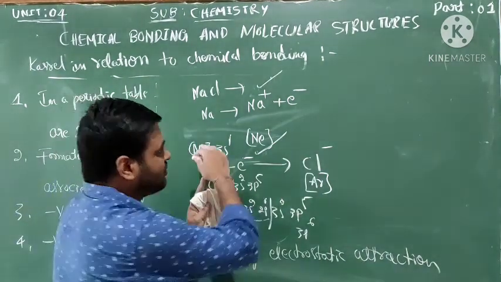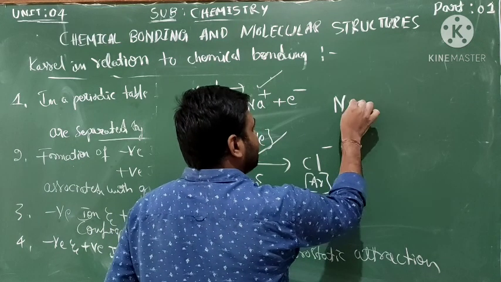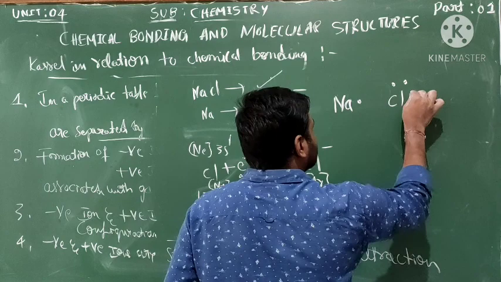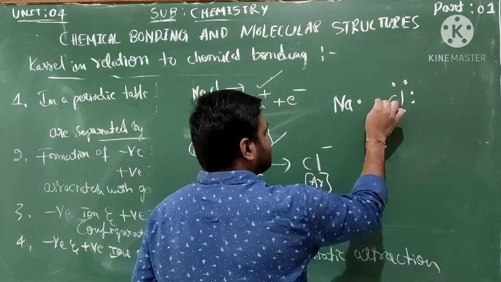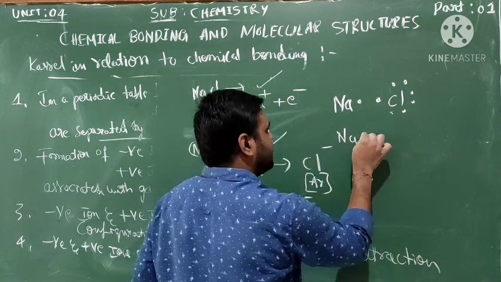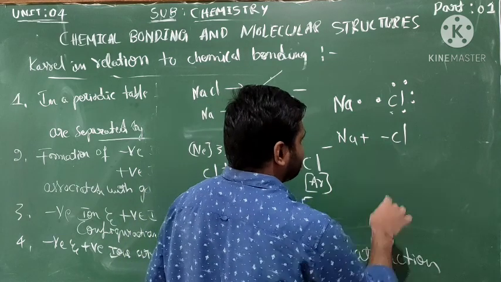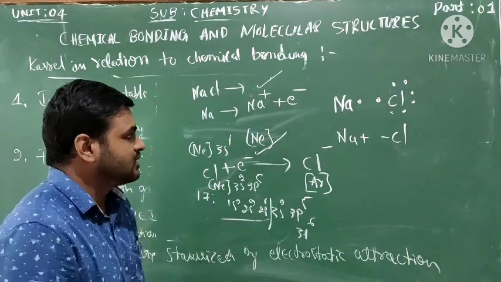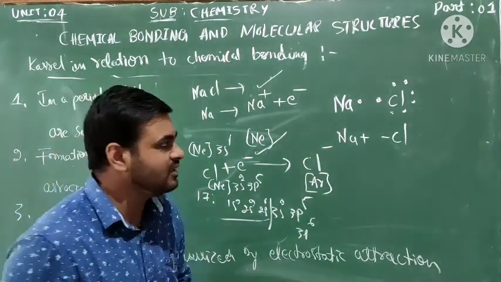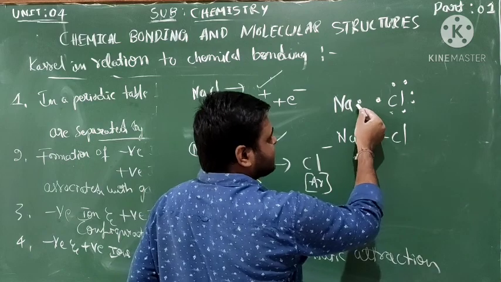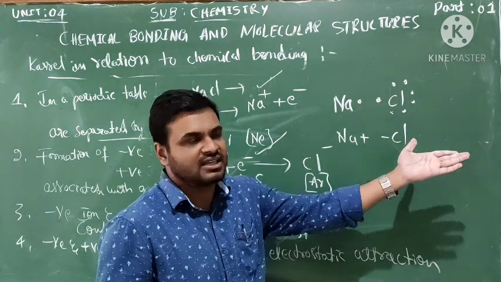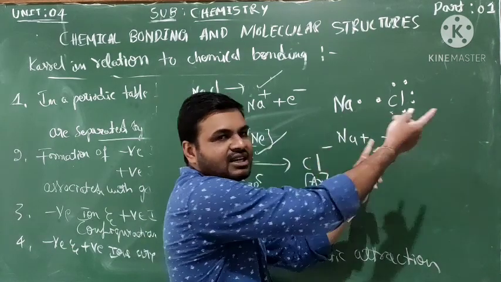Okay. So totally we formed Na plus and Cl minus. Sodium has 1 outer electron, chlorine has 1, 2, 3, 4, 5, 6, 7. Just observe, sodium is following the octet rule. Is sodium losing or gaining?